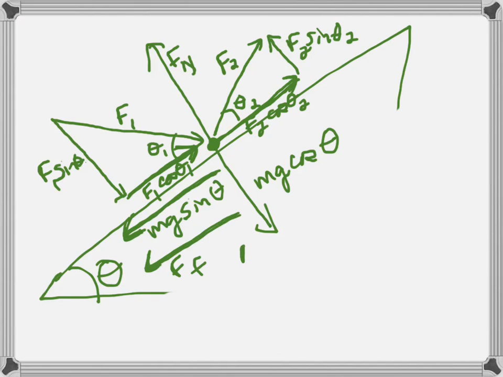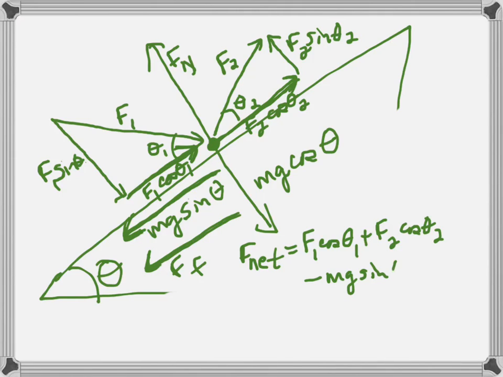I'd say F net would equal F1 cosine of theta 1 plus F2 cosine of theta 2, subtract out mg sine of theta, and also subtract out force of friction, which of course would be mu times normal force. And F net, of course, then is ma.